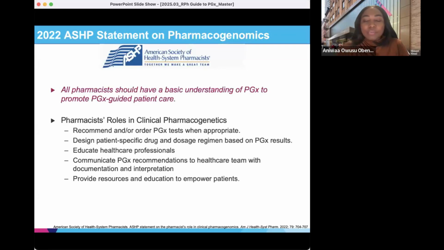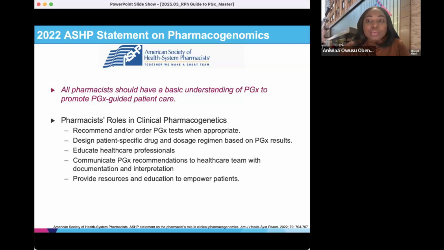So I want to start off with this statement from the American Society of Health System Pharmacists in 2022 on pharmacogenomics. I'm summarizing it here, but basically all pharmacists should have a basic understanding of pharmacogenomics so as to provide or promote pharmacogenomics guided patient care. And in that statement from ASHP, they did mention a few roles of the pharmacist.